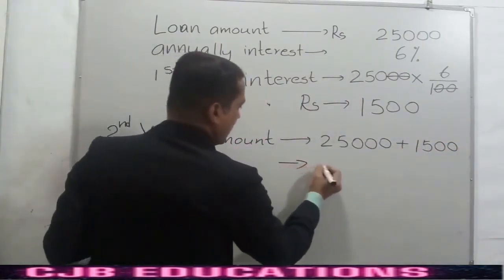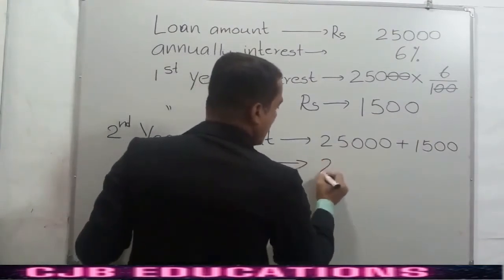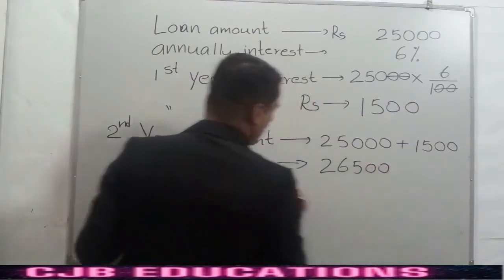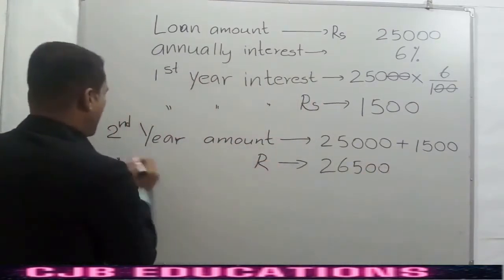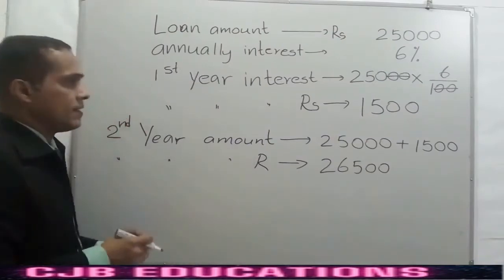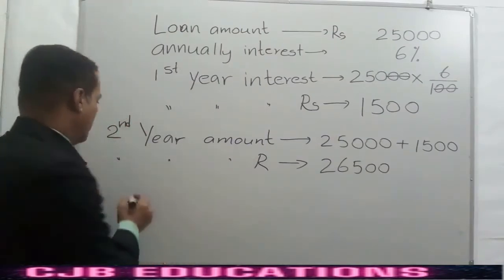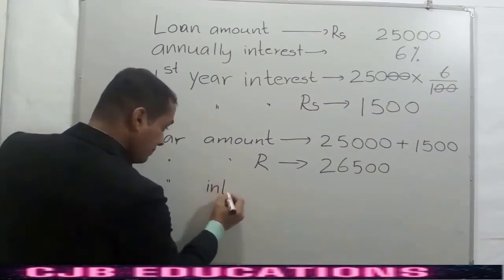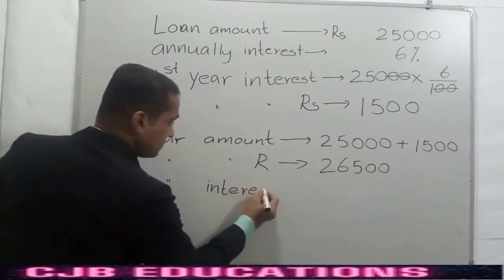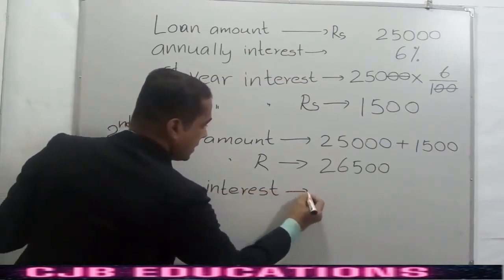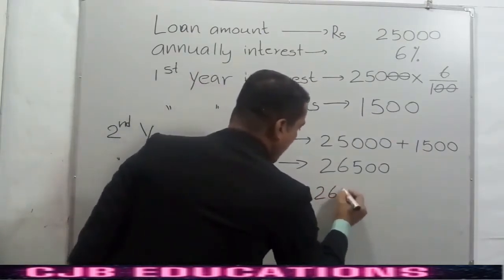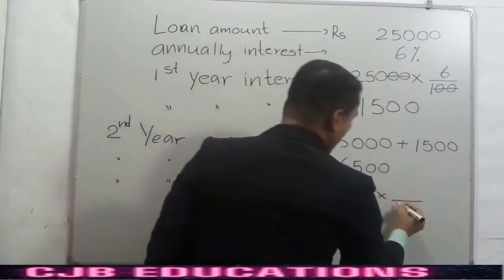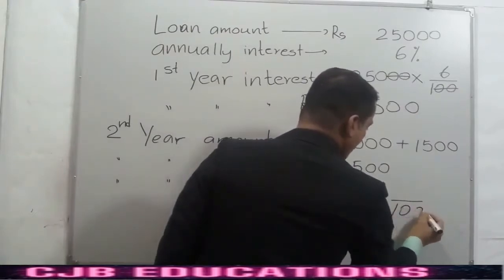And we write 26,500 rupees is the second year amount. Then we can find the second year interest. The second year interest is 26,500 multiplying by the percentage of 6 over 100.